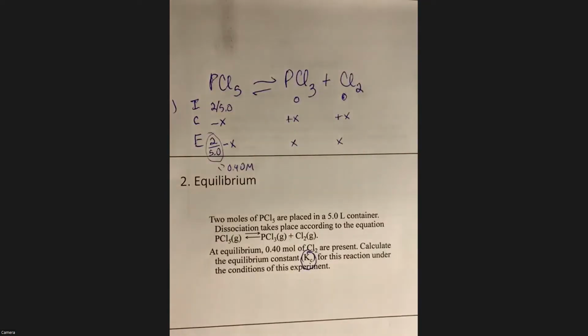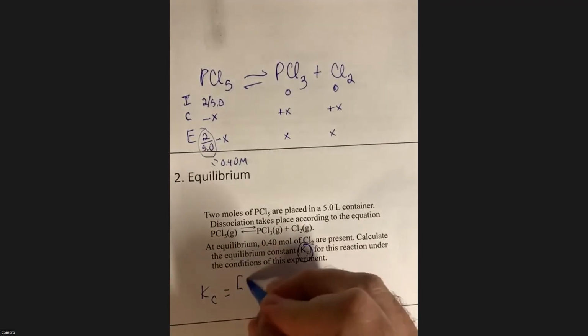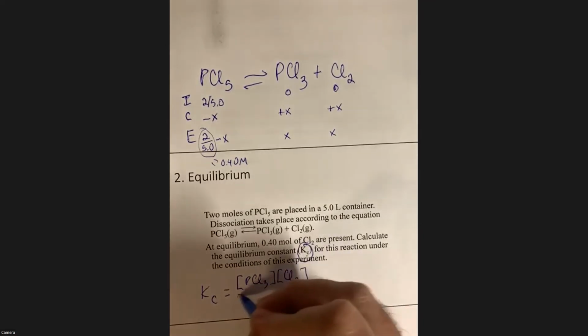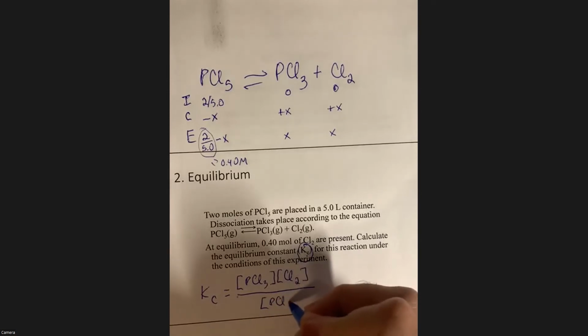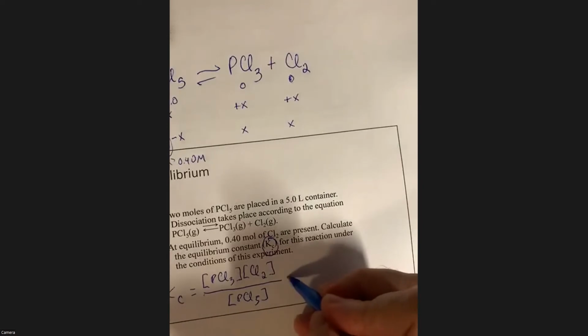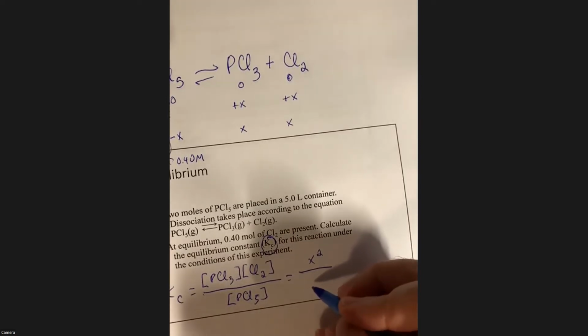Any questions so far? Cool. Okay, so our Kc expression is PCl3 times Cl2 divided by PCl5, right? And we had that the top part is X squared and the bottom part is 0.40 minus X. But look what it tells us.